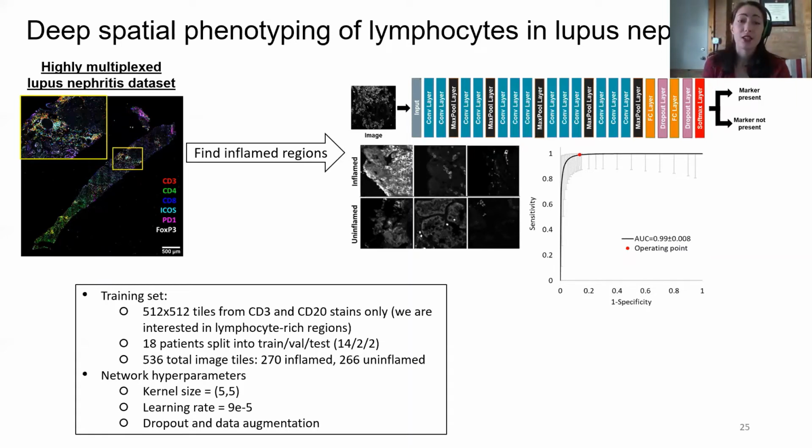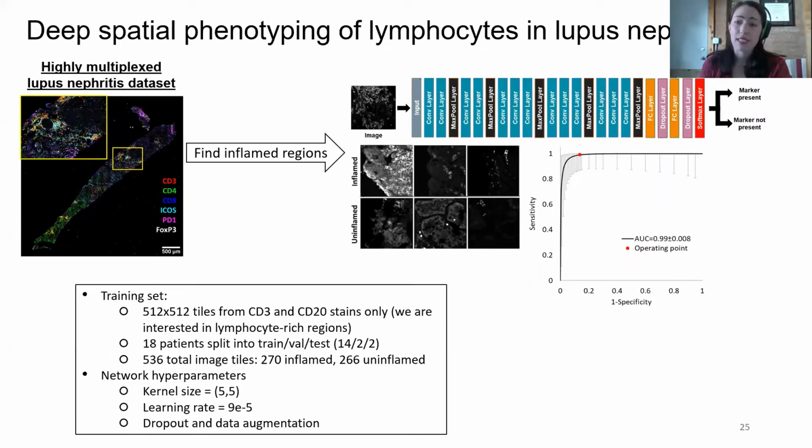This training set is composed of inflamed and uninflamed regions. The inflamed regions either have positive CD20 signal or positive CD3 signal. So we're looking for areas of lymphocytic infiltration, and rejecting all the scarred tissue, basically.